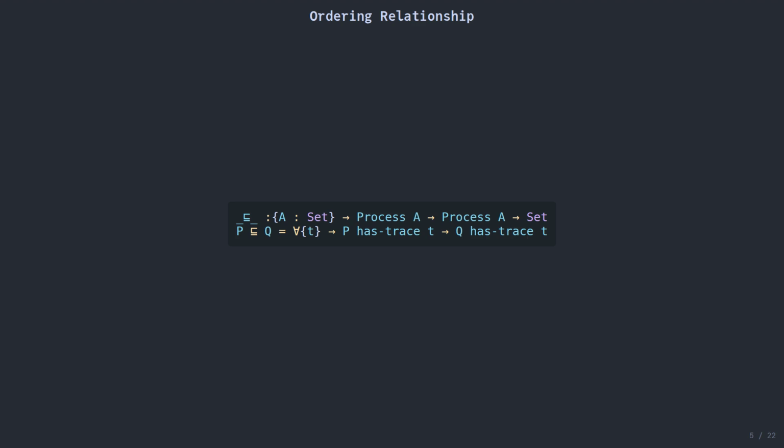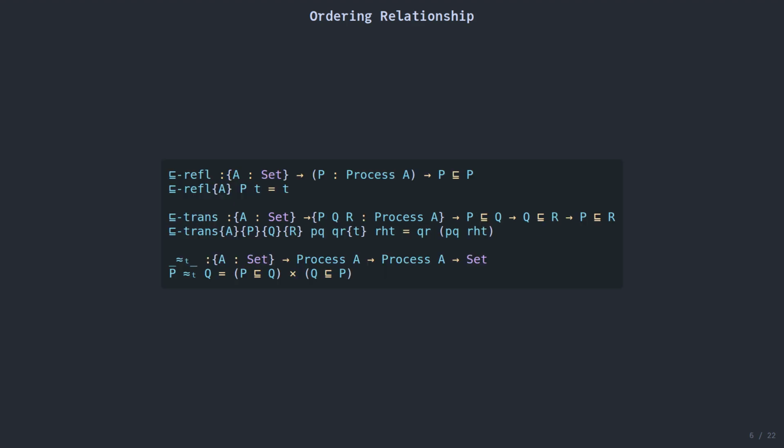Formally, process P is below process Q if every trace of P is also a trace of Q. Mathematically, this relation is a partial order. It is reflexive, transitive, and antisymmetric. The first lemma shows reflexivity. Every process is less than or equal to itself, because every trace of P is obviously a trace of P. The second lemma establishes transitivity.